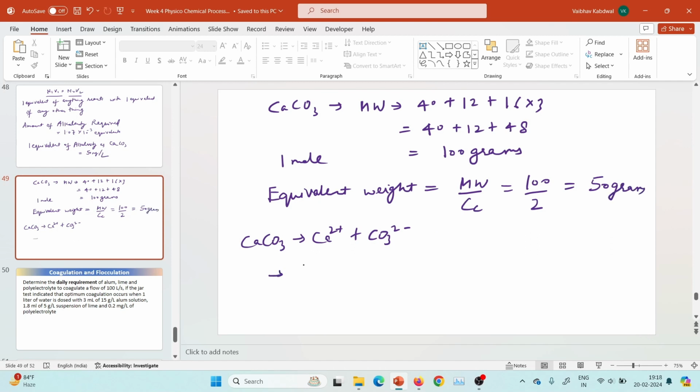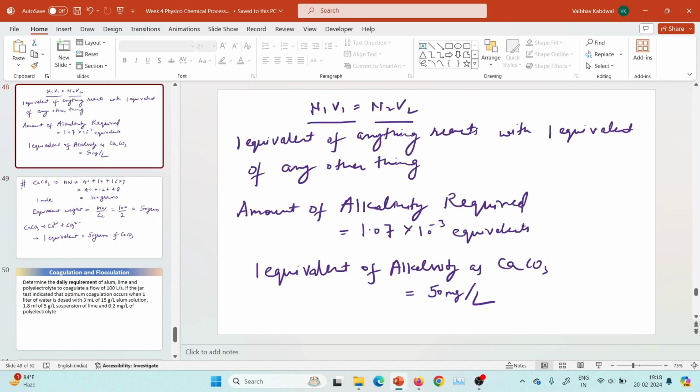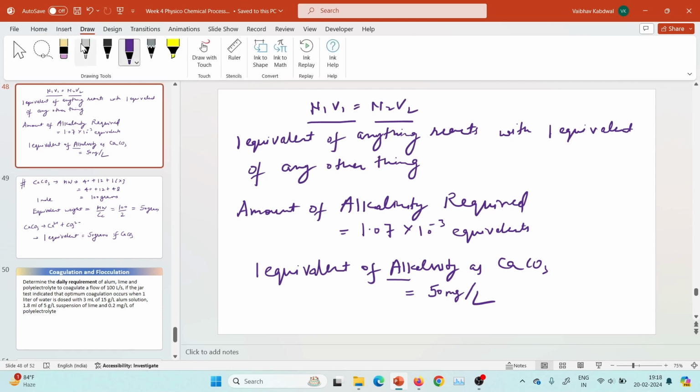So it means in one equivalent there are 50 grams of CaCO3. So one equivalent of alkalinity as CaCO3 is not 50 milligram, it will be 50 grams.